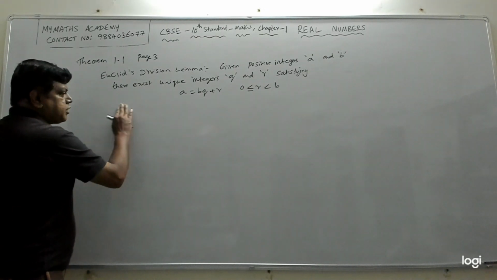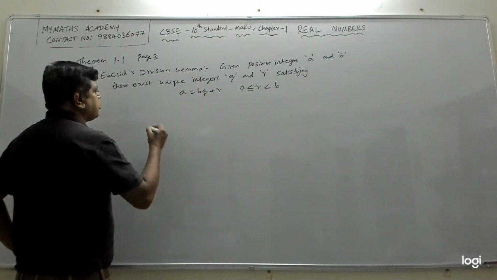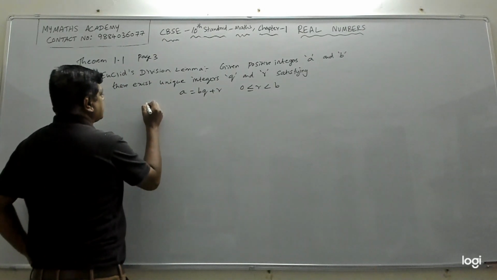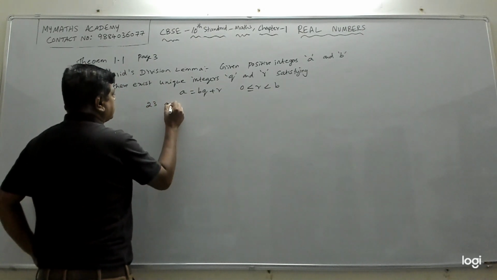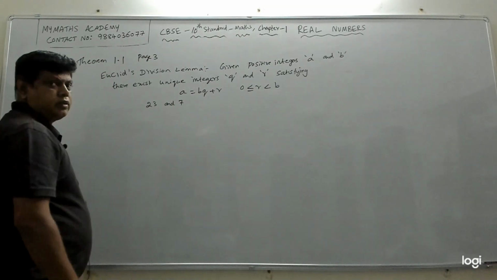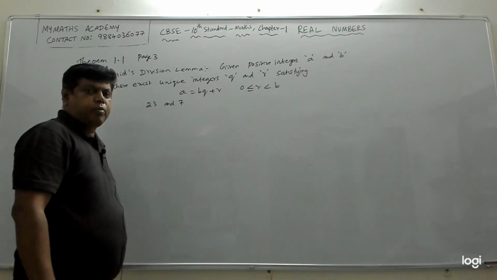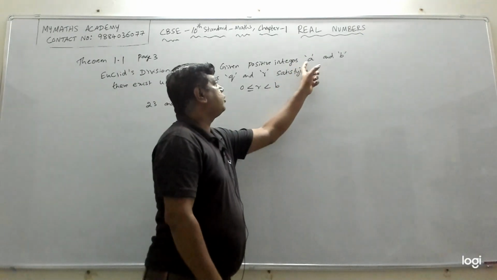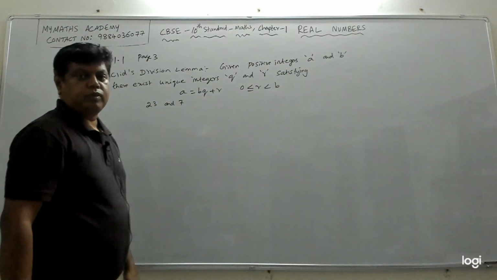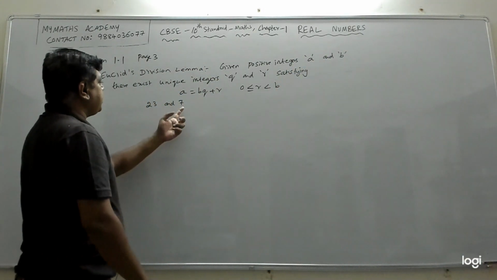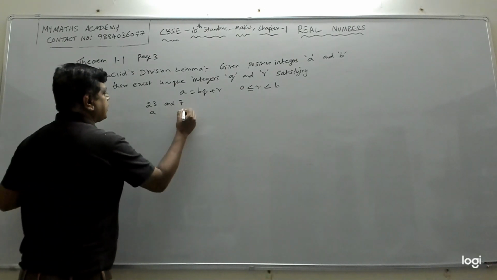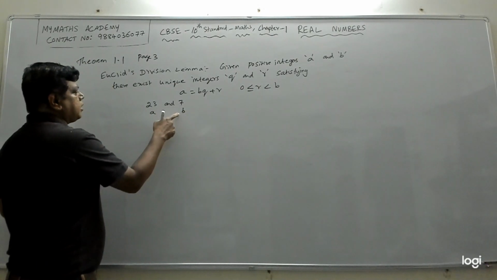Let's take an example. Suppose 23 and 7 are two numbers. You take them as a and b. So a is 23, b is 7.